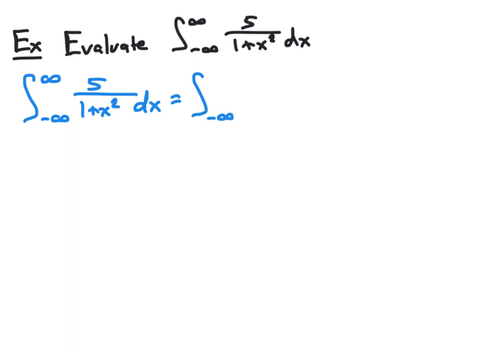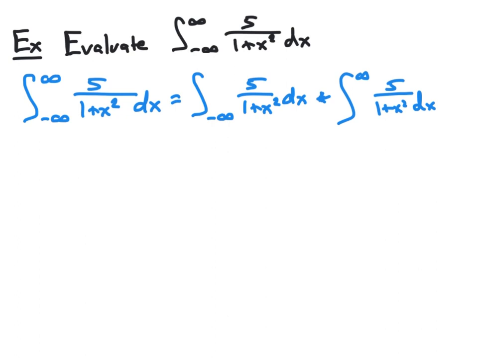So we want to specifically write this as an integral from negative infinity to some number that we will determine in a moment of 5 over 1 plus x squared dx, plus the integral from that same number to positive infinity of 5 over 1 plus x squared dx.